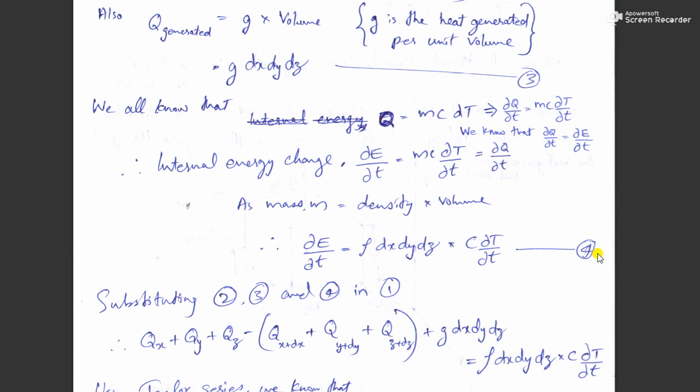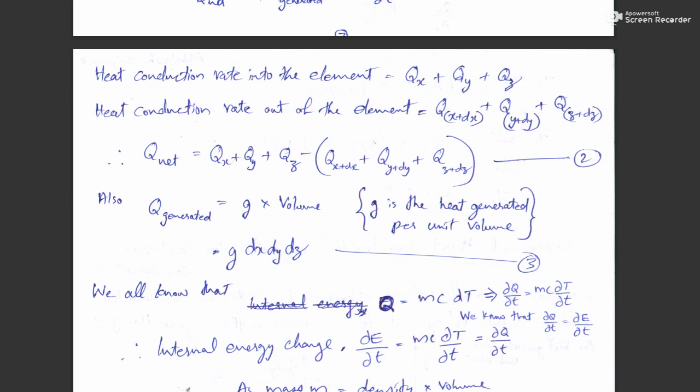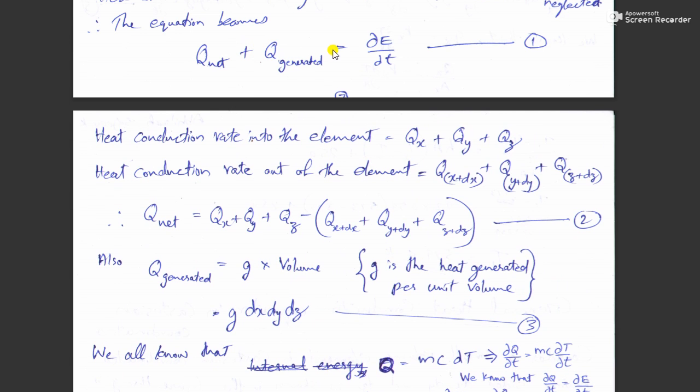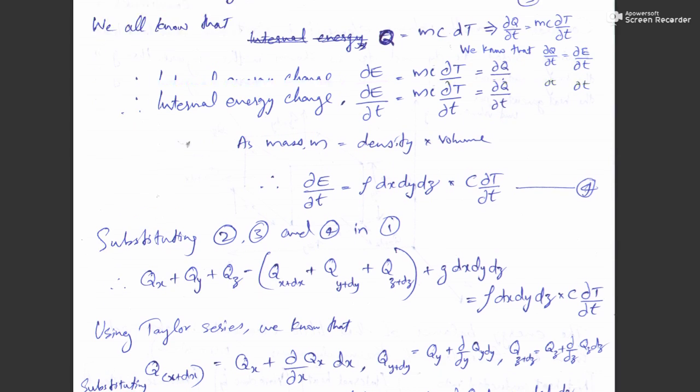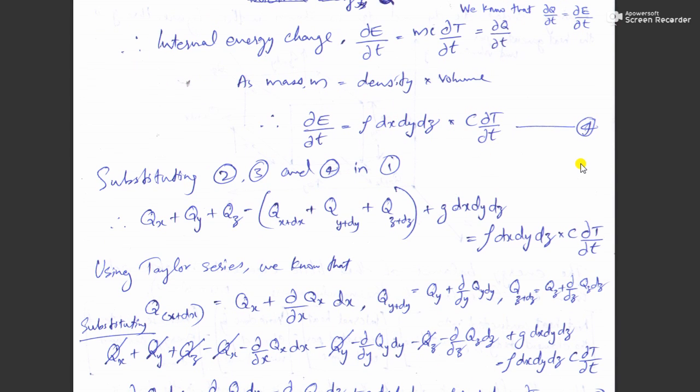Now we have to substitute these three terms, that is change in internal energy, Q generated heat, and Q net, into this equation. Substituting equation numbers 2, 3 and 4 in the first equation.